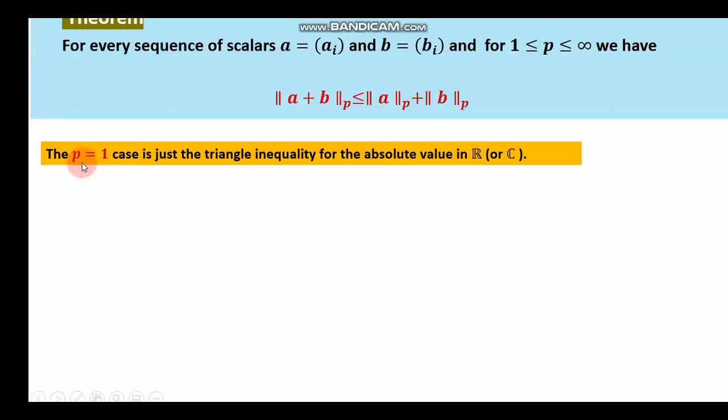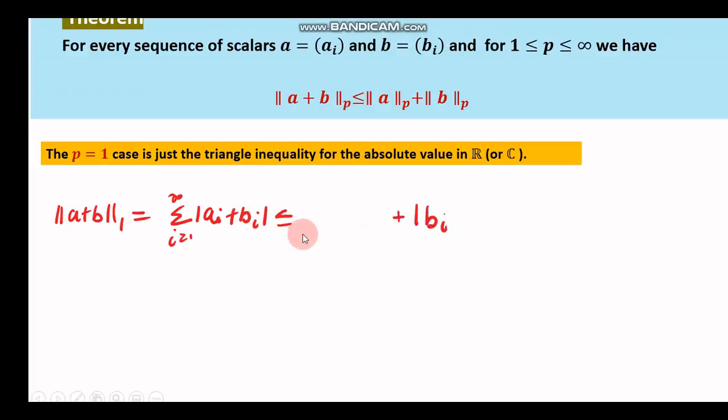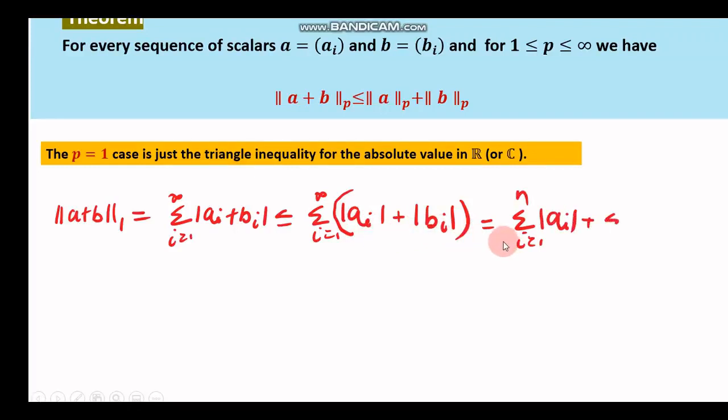Let's suppose p equal to 1. So p equal to 1 means the 1 norm. How do we define the 1 norm? Norm of a plus b in the 1 norm is equal to sigma i equal to 1 to infinity modulus of a_i plus b_i, which is less than or equal to, applying the triangle inequality for modulus, sigma i equal to 1 to infinity of mod a_i plus mod b_i.